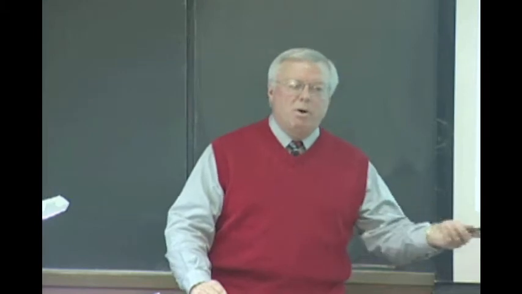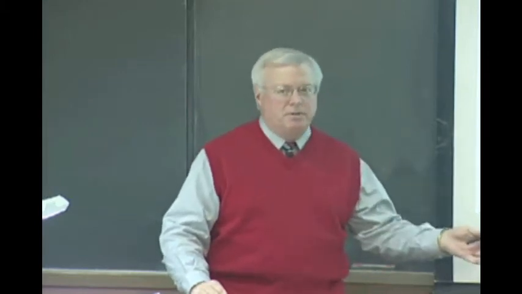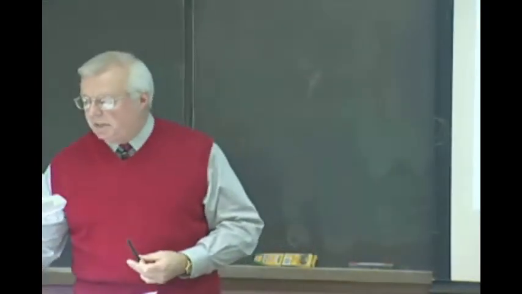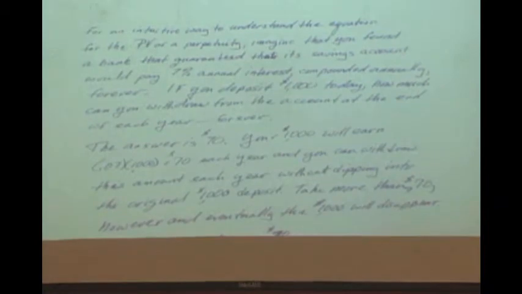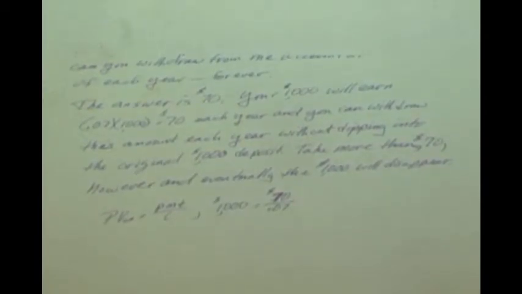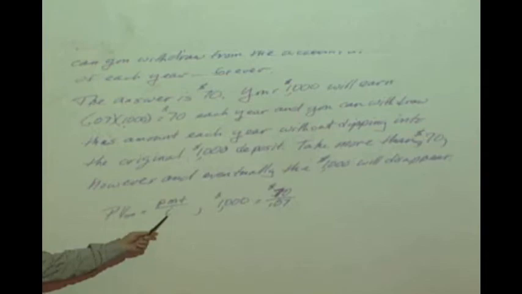If we take out more than $70, we'll begin to erode the original $1,000 deposit, and then eventually it will be gone. But we can take $70 forever. And of course, 1,000 is equal to the $70 payment divided by 0.07, the interest rate.